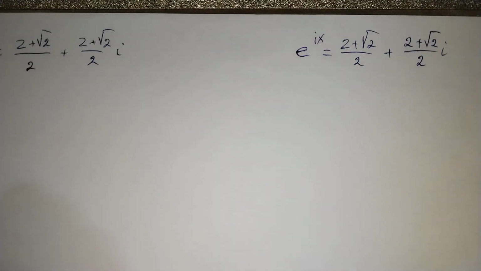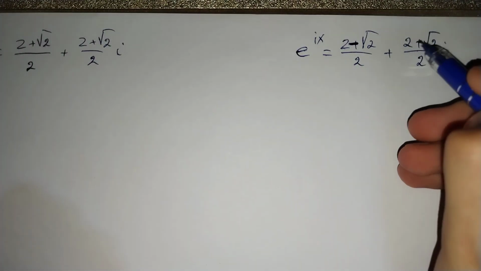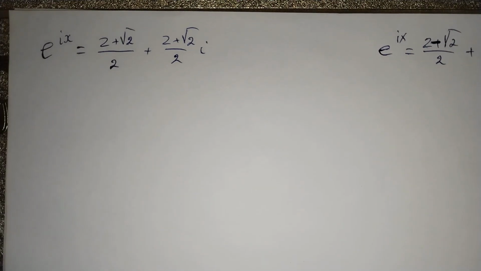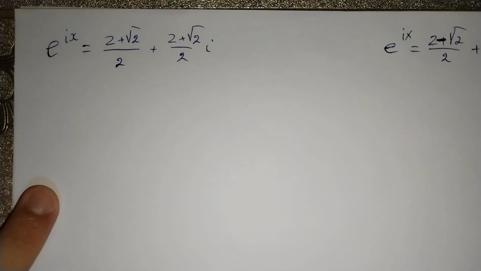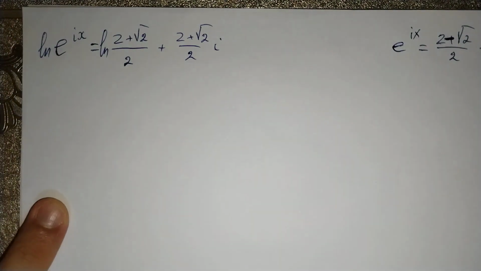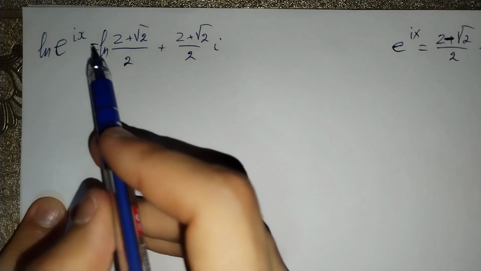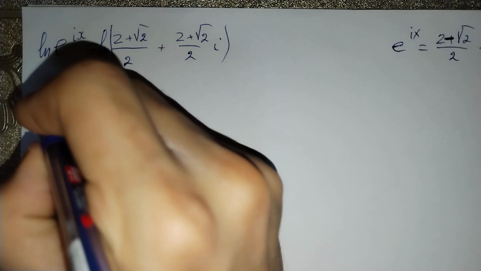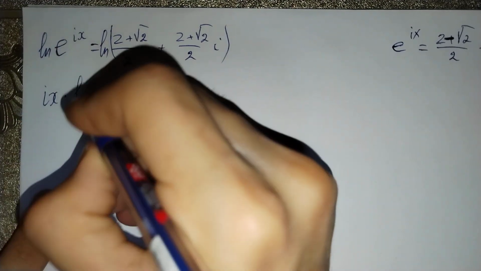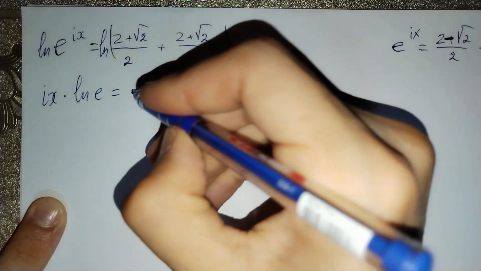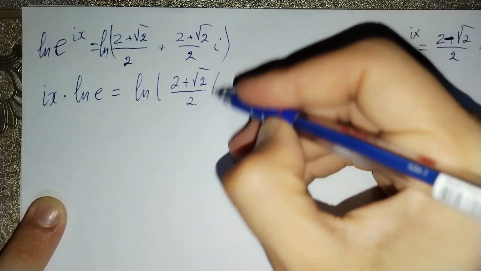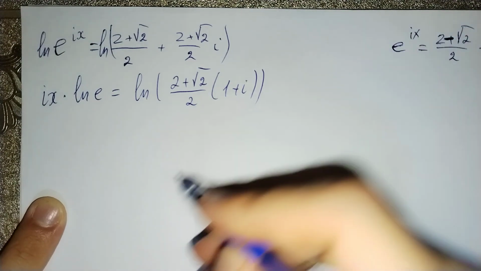I'm sorry, this is negative and this is negative. Now let's find x from here. If we take ln of both sides, ln e power ix equals ln of this, and here i times x times ln e is equal to ln of (2 plus square root of 2) over 2 times (1 plus i).